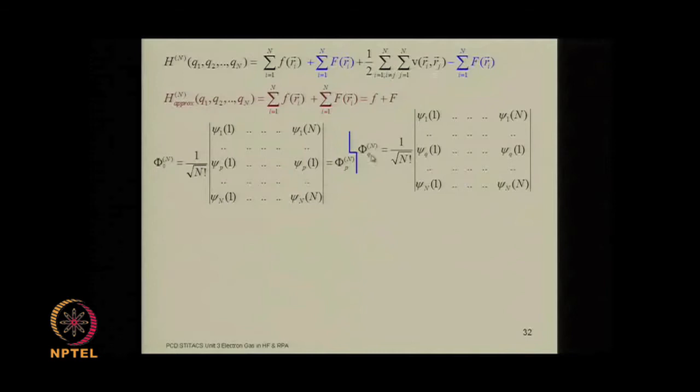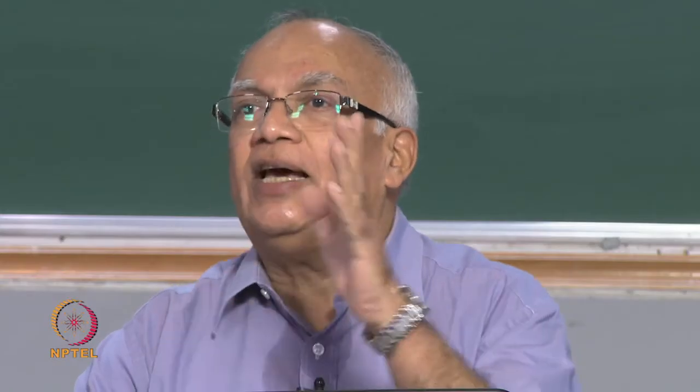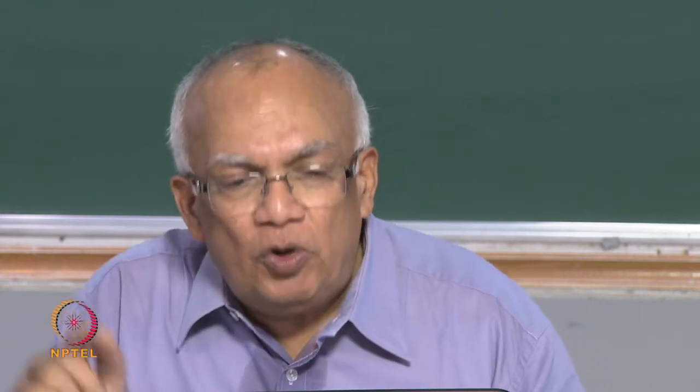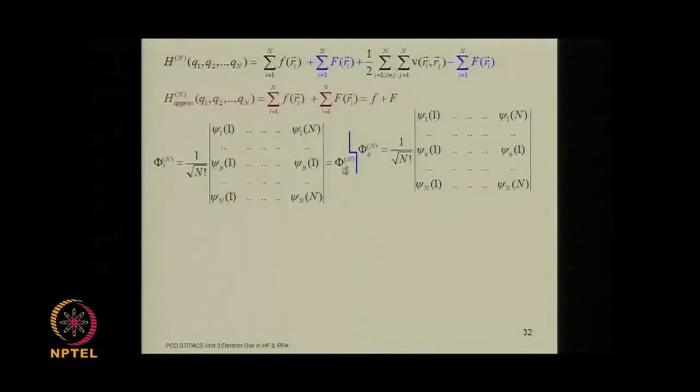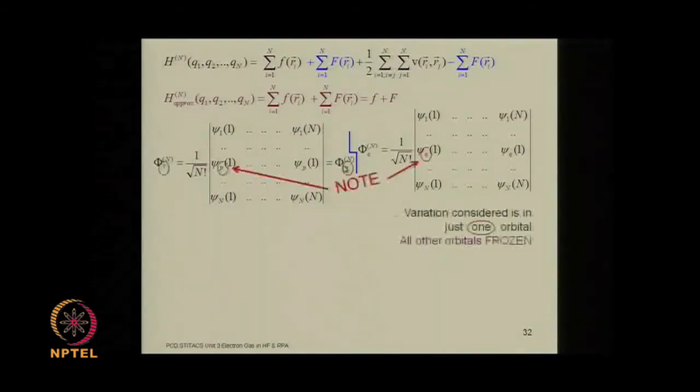We labeled it as phi q to distinguish it from the ground state in which just one electron is promoted to an excited state, and the electron which is promoted is the one which was in the pth state, which is why the ground state phi 0 was also labeled as phi p. So, phi p and phi 0 both represent the ground states.